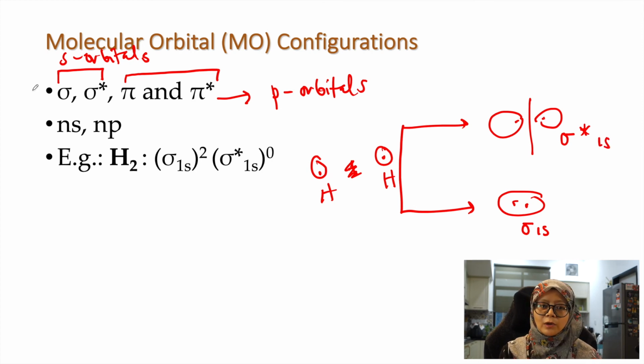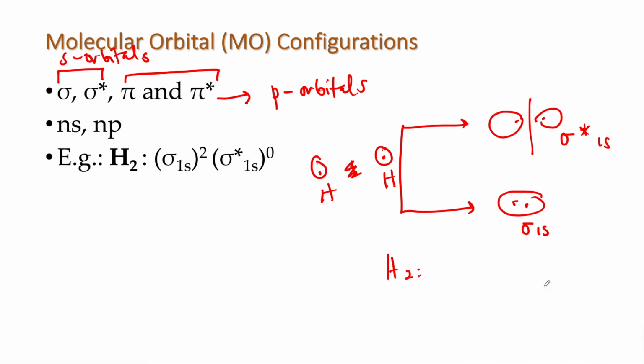How do we write the molecular orbital configuration? For hydrogen, we start from the bottom to the top. So we have sigma 1s, in brackets, how many electrons do we have here?